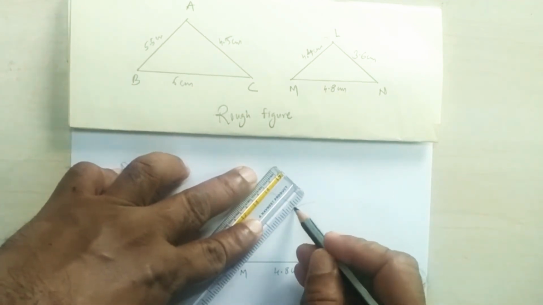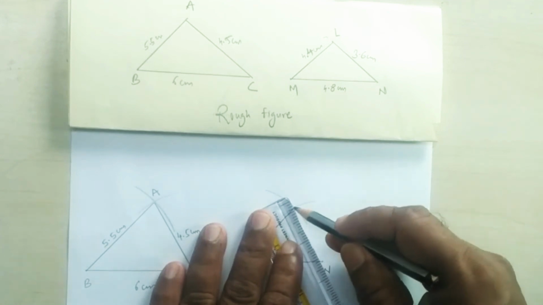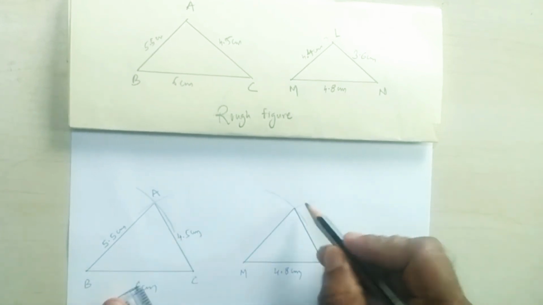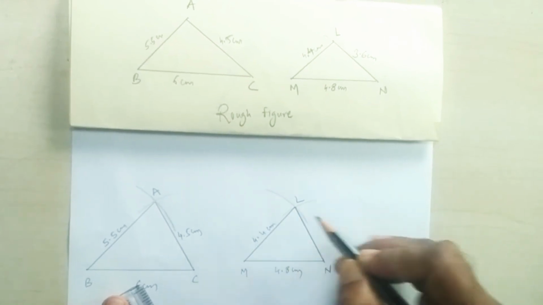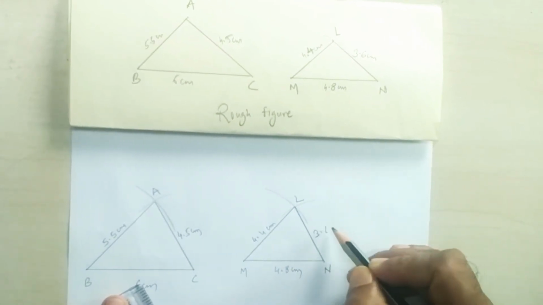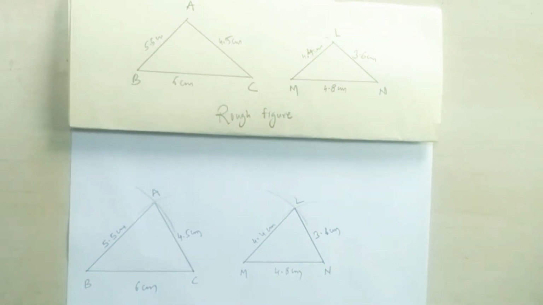So join the point of intersection of arcs, that is LM is equal to 4.4 centimeter and LN is equal to 3.6 centimeter. This is how we can construct two similar triangles when there is no common vertex between the two similar triangles.